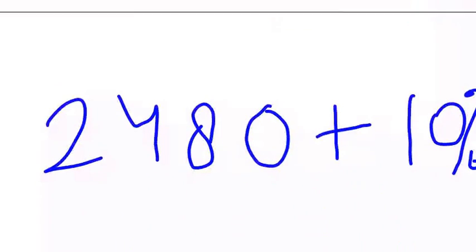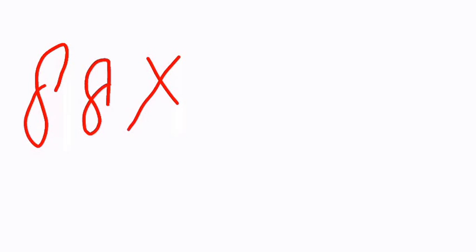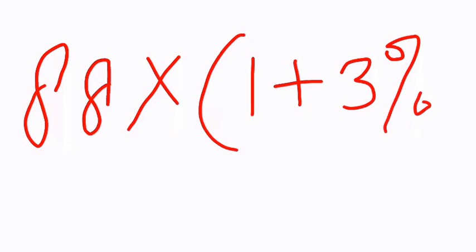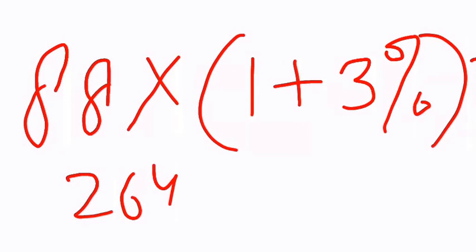So you could say 88 multiplied by not 31 but 30 plus 3% of 30, right? And then it becomes very easy, because you just multiply 88 by 30, which is 2640.